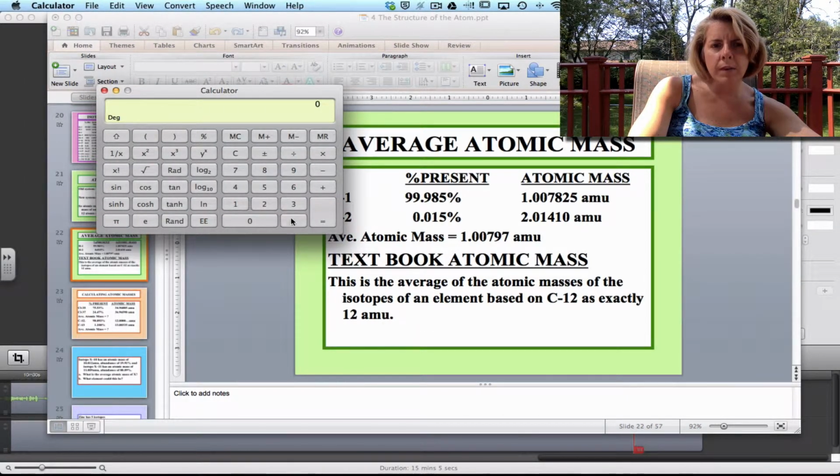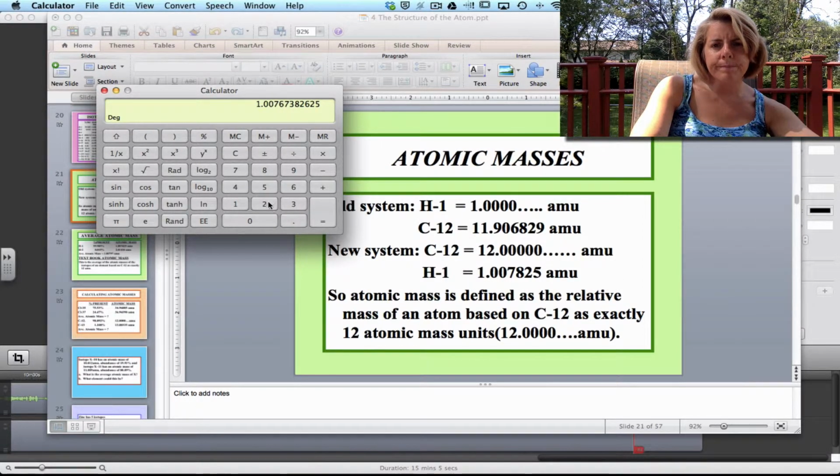So I'm going to take 0.99985 times 1.007825. Okay, and I get 1.00767.